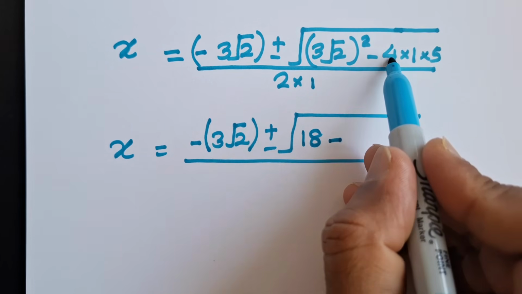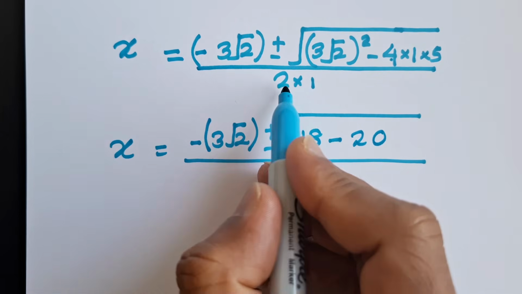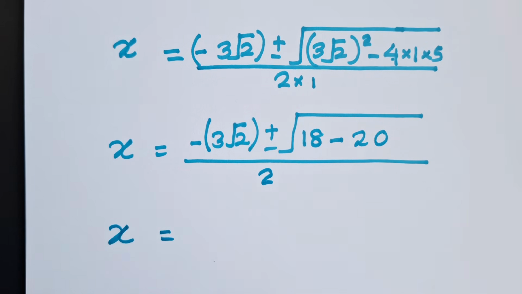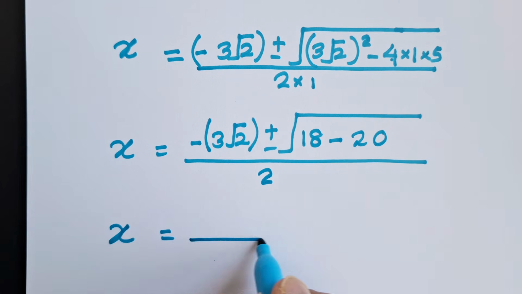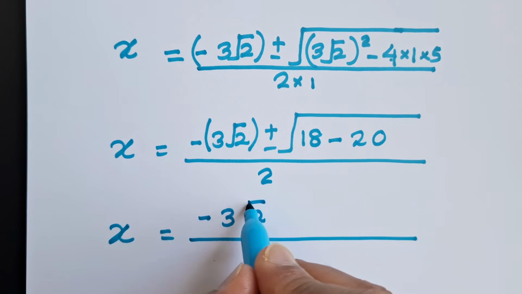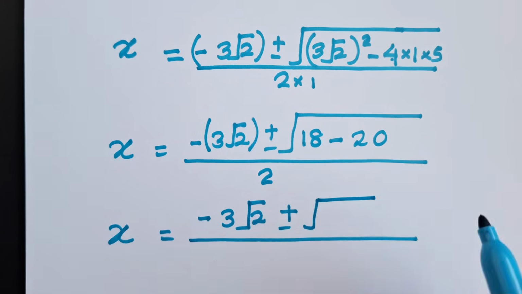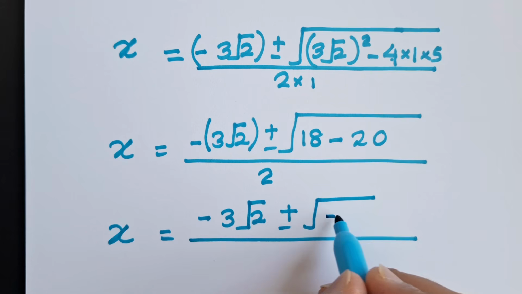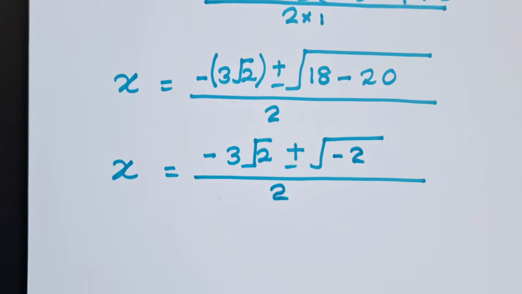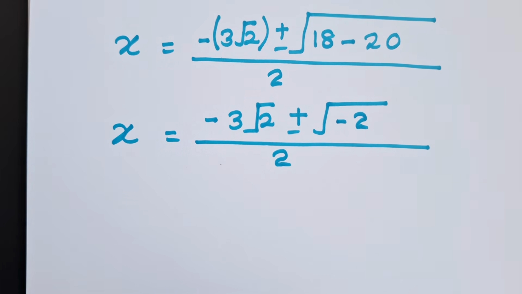Here 4 times 5 is equal to 20, divided by 2. Then we have minus 3 times square root of 2 plus or minus, and here inside the square root we have minus 2. So it is clear that we don't have any real solution for this quadratic equation.